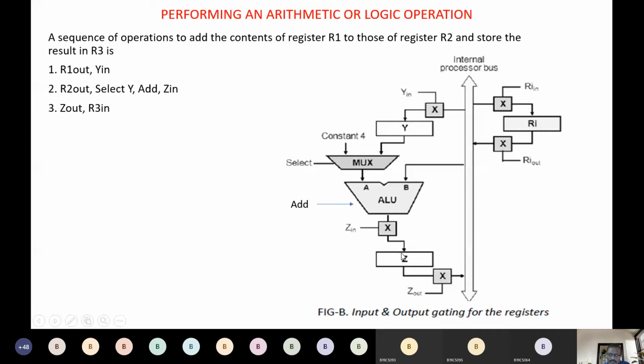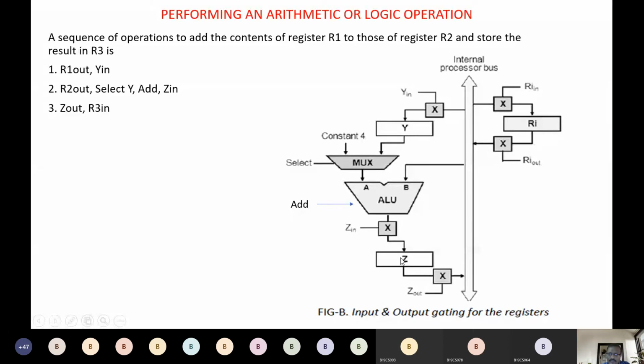Then the sum is stored in Z. We're done with the second instruction. Now Z has the result of A plus B, because Z in is made 1.